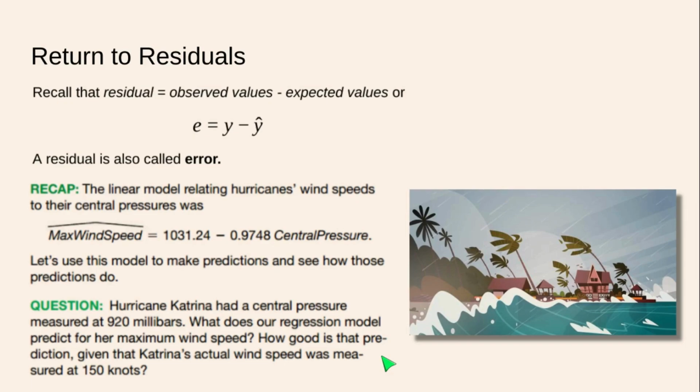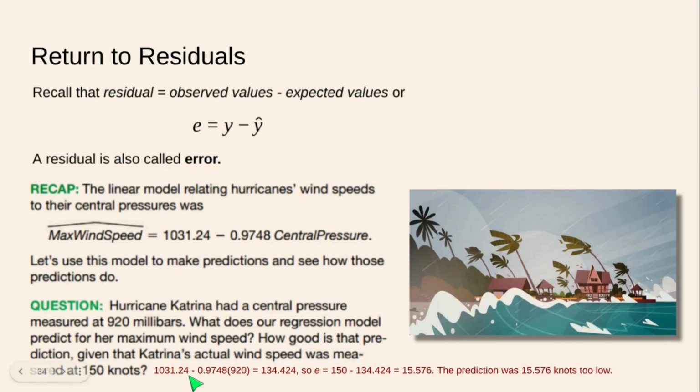So, how good is the prediction, given that Katrina clocked in at 150 knots? Well, here is the prediction. We would put 920 millibars into central pressure to find the max wind speed. After substitution, we have a predicted max wind speed of about 134.5 knots, nautical miles per hour.